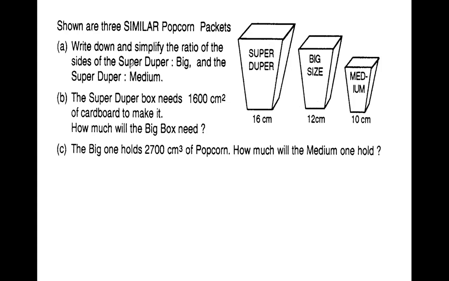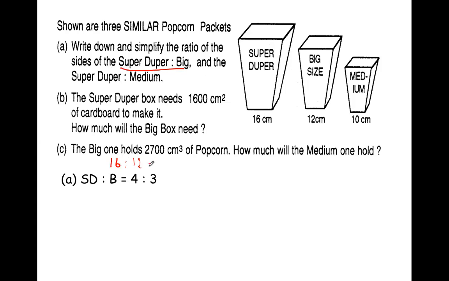So this is the question we've been asked to find. The first one is the ratio between them two. So you would write 16. The ratio is just 16 and 12, right? Like that. So 16, 12 in ratio.